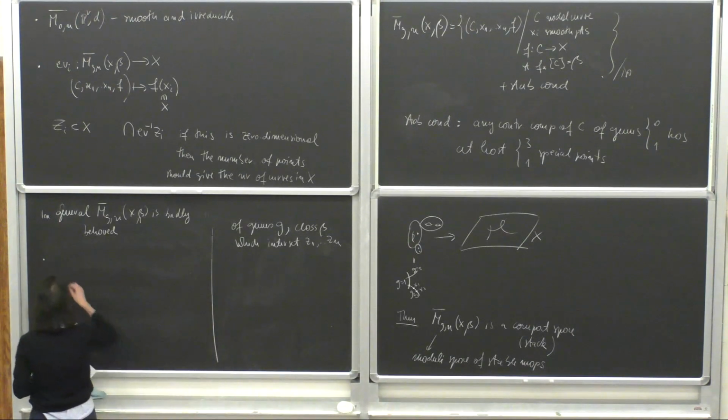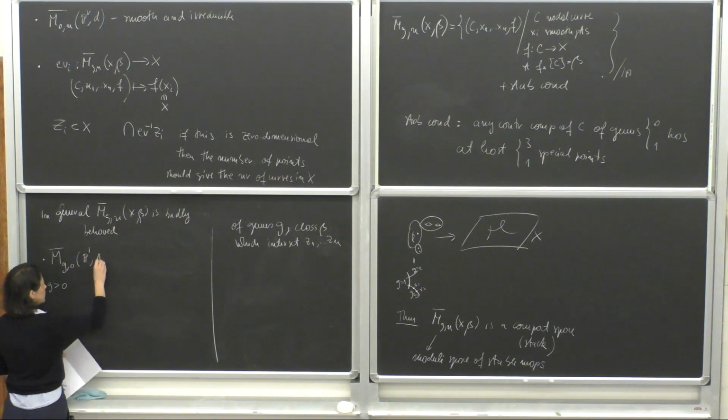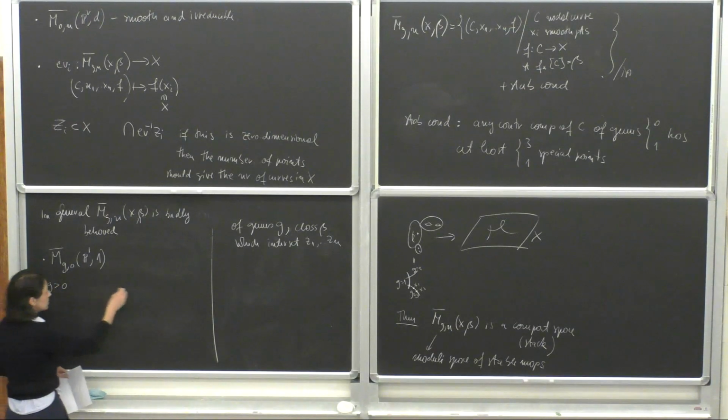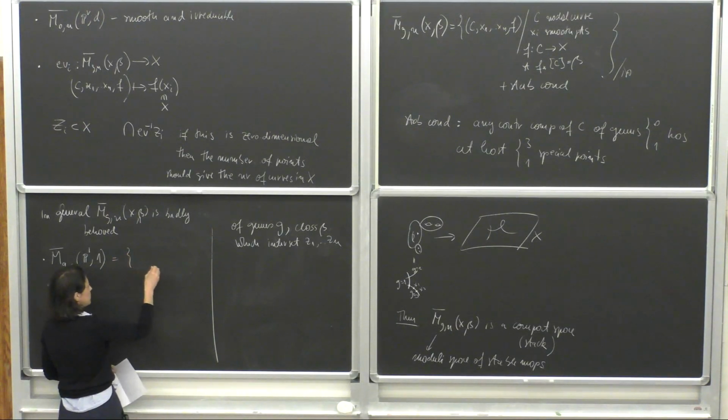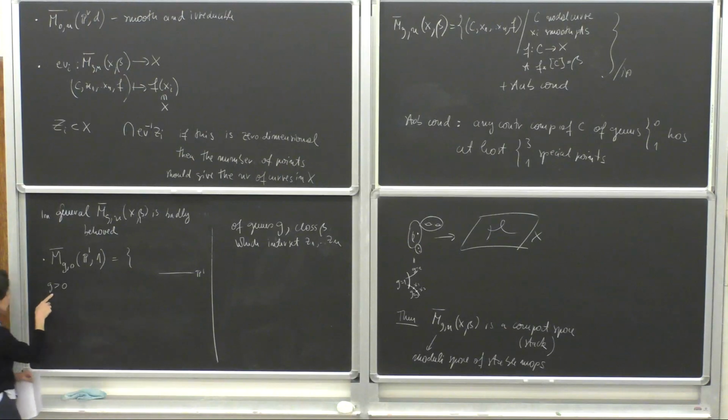For instance, if I look at maps of genus greater than 0 to the projective line in degree 1, these will be maps to P1 of degree 1 from a curve of high genus, where if the curve is smooth, there are no such maps. So the space that I'm interested in is the empty set.